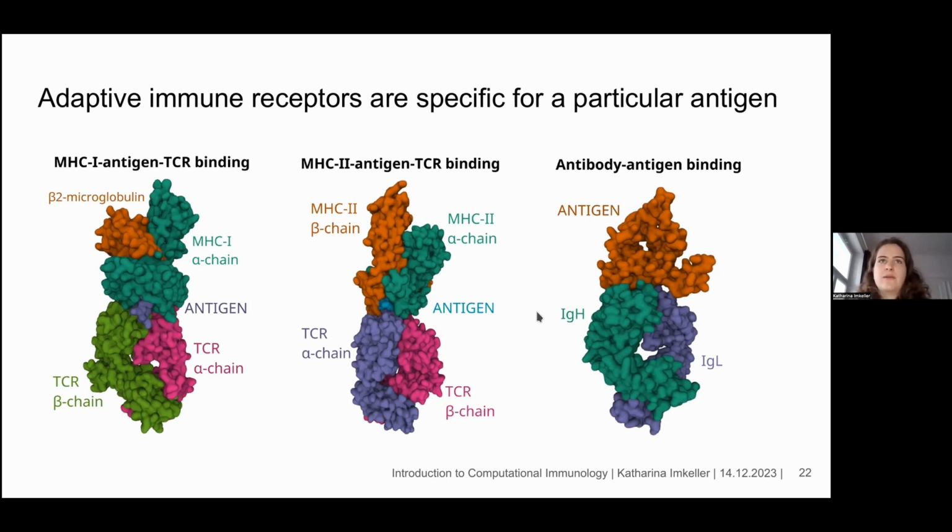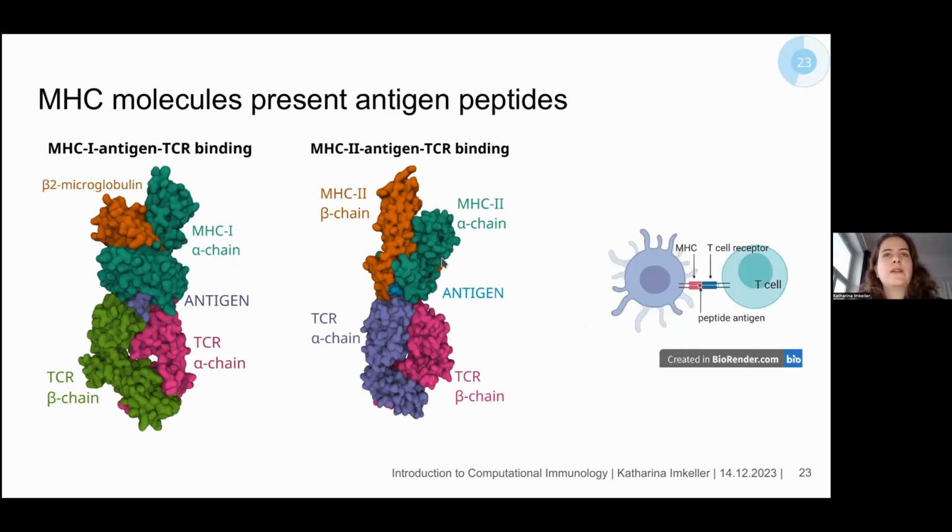And so this part about antigen specificity, now I would like to start with the MHC part. As I mentioned, here in green and orange, the MHC molecules are shown, which can present peptide antigens to T cells that recognize their cognate antigen via the T cell receptor.